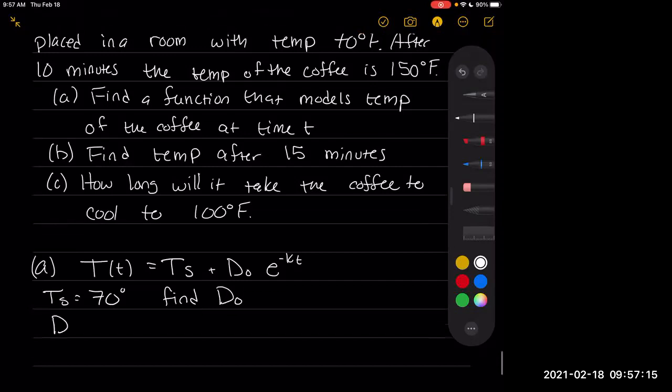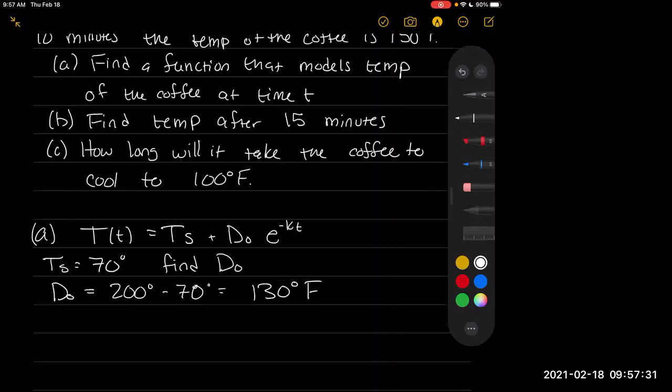So D naught is the temperature of the coffee, 200 degrees, minus the temperature in the room, 70 degrees. So this becomes 130 degrees Fahrenheit. So that means we've gotten to T of t equals 70 plus 130 e to the minus kt.